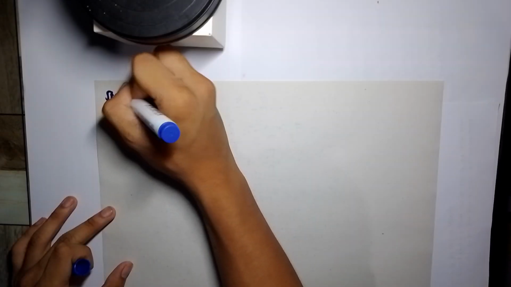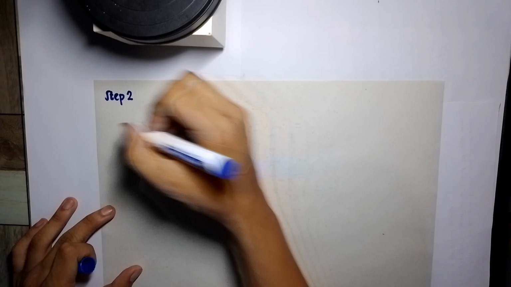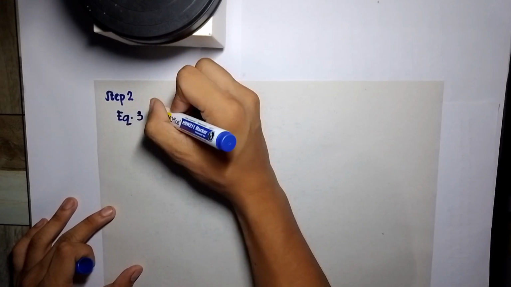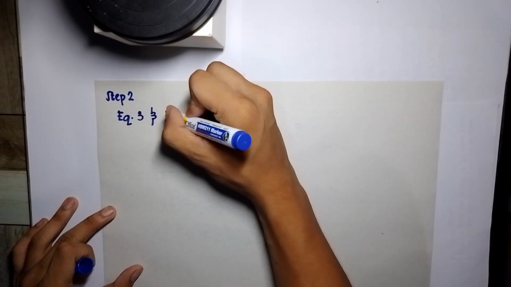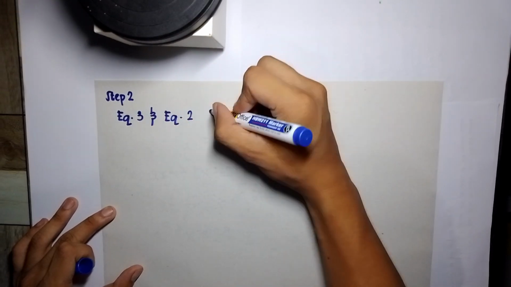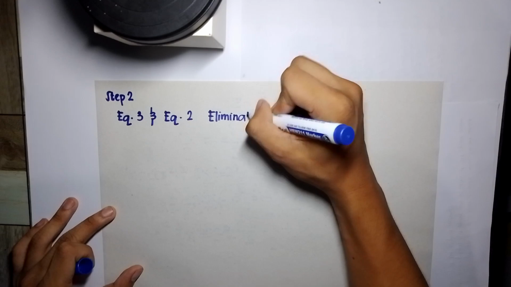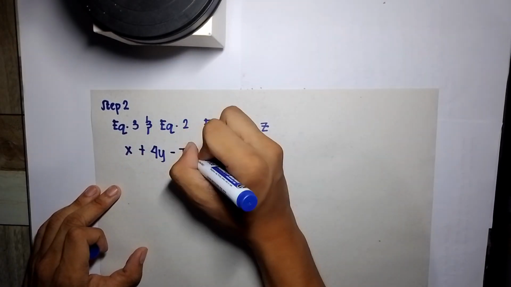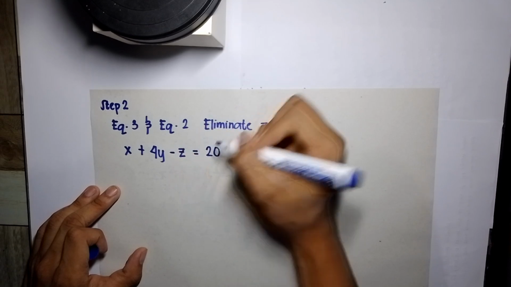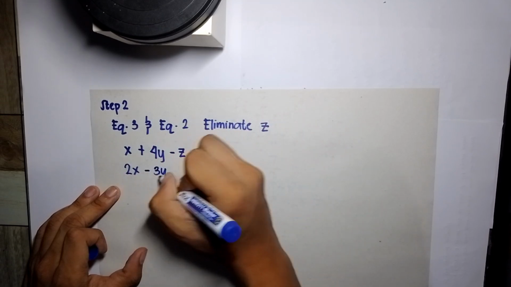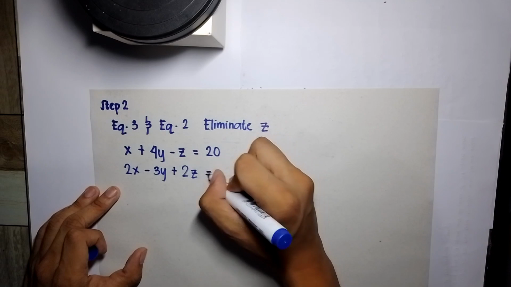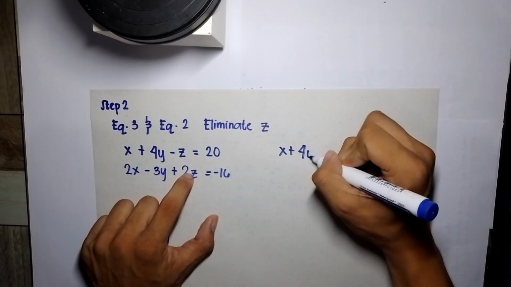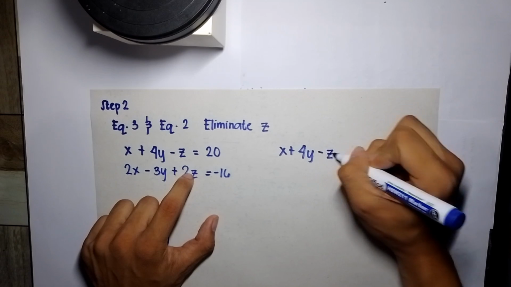The next step is we're going to eliminate letter z using different equations. The equations that I choose are equation 3 and equation 2. Now, to eliminate letter z, we're going to multiply equation 3 by 2.